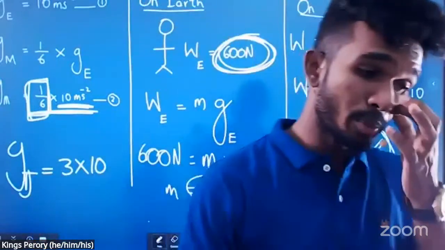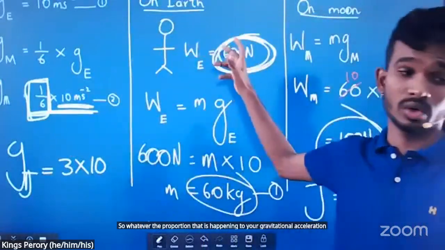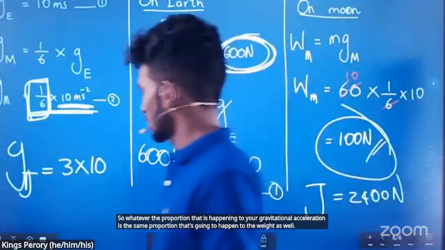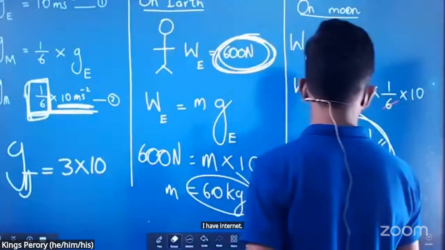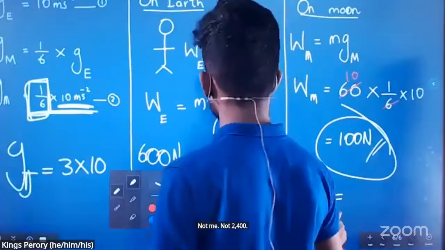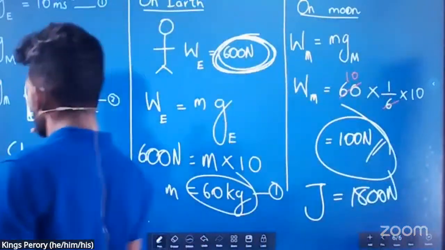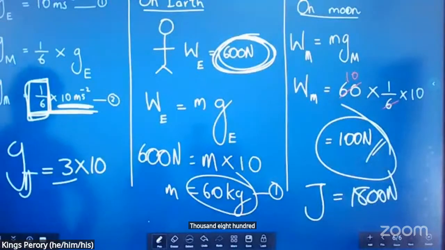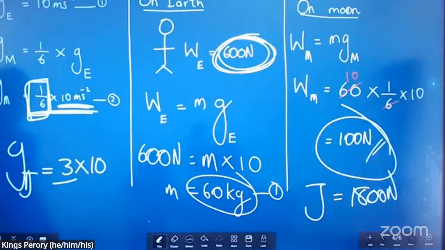So whatever the proportion that is happening to your gravitational acceleration is the same proportion that is going to happen to the weight as well. Not 2400. 3 times of it, 1800. Whatever is happening here is the same thing that happens there.